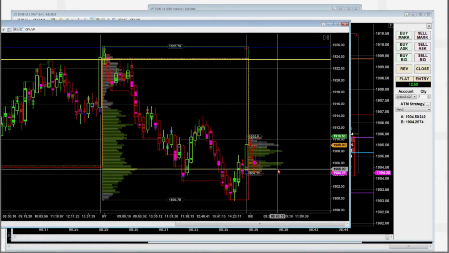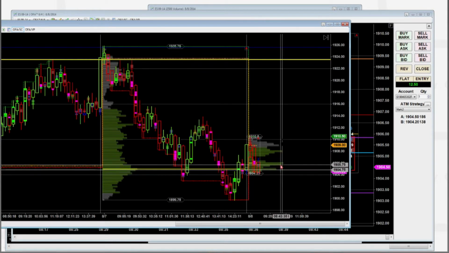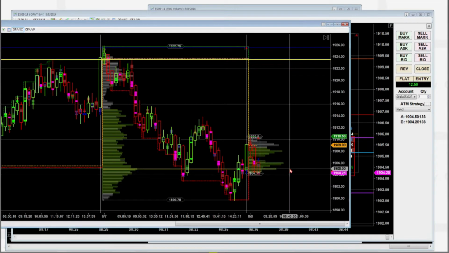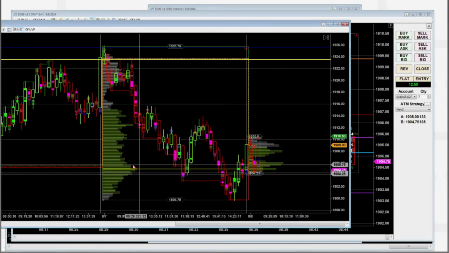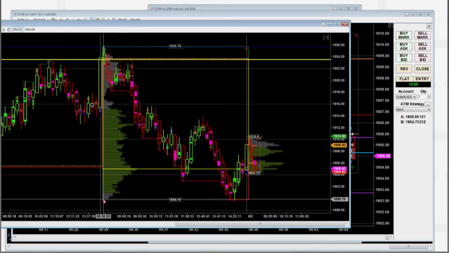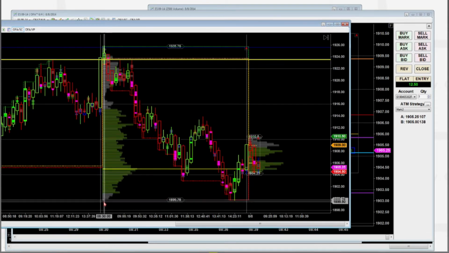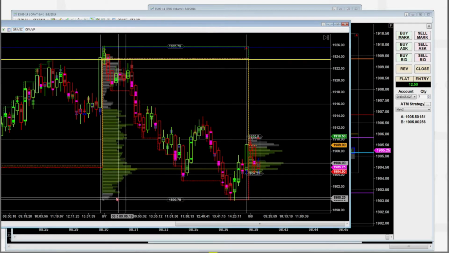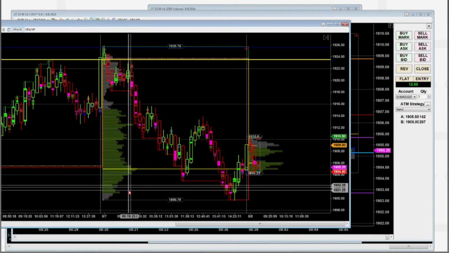And if I start getting rotation around 1905, and we start building volume out here, then there's the very real possibility that this will follow its conclusion all the way down. This wasn't finished yesterday at 1899.75, so this will follow through to a conclusion to the bottom of this rotation.